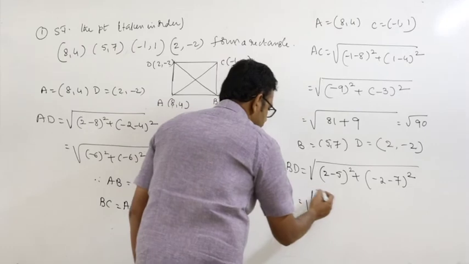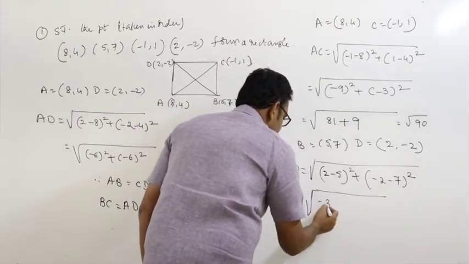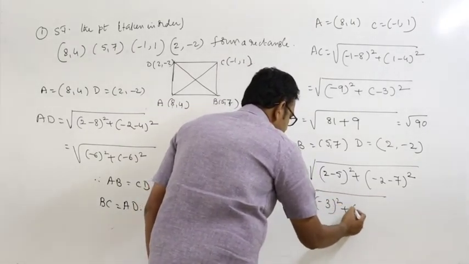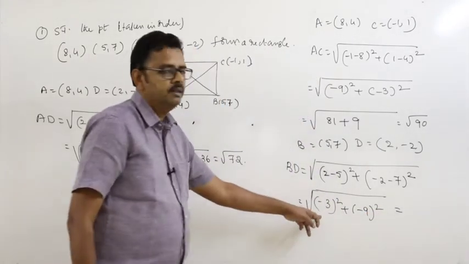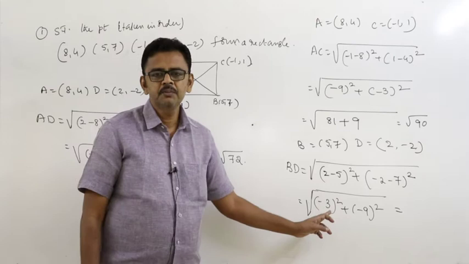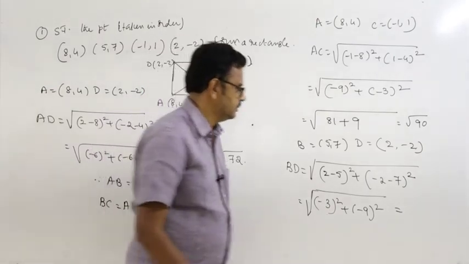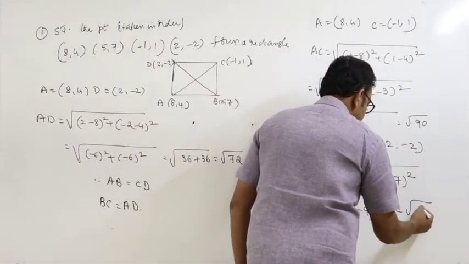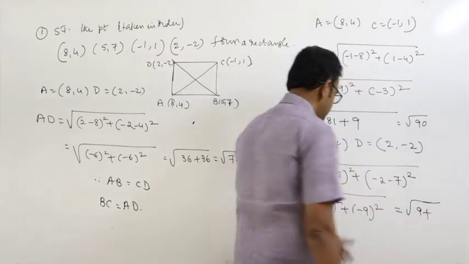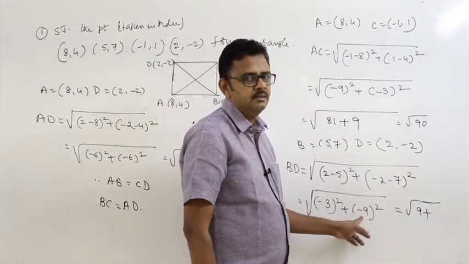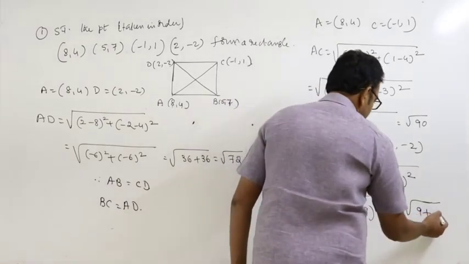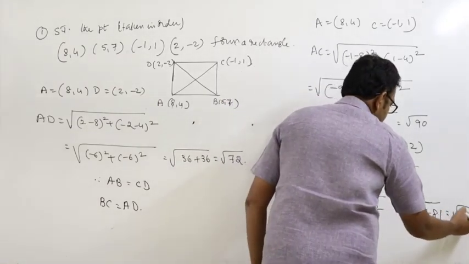That is root of (−3) whole square, 9, plus (−9) whole square, 81. That is equal to root of 90.